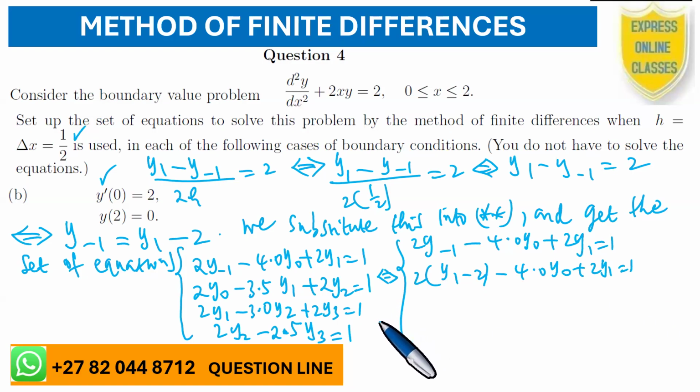And then if we multiply everything here, we're going to have minus 4y0, which is minus 4.0y0. You can write it as minus 4y0. Then you have 2y1 plus 2y1, giving us a 4y1. And then you have minus 4 plus 1, giving us a 5.